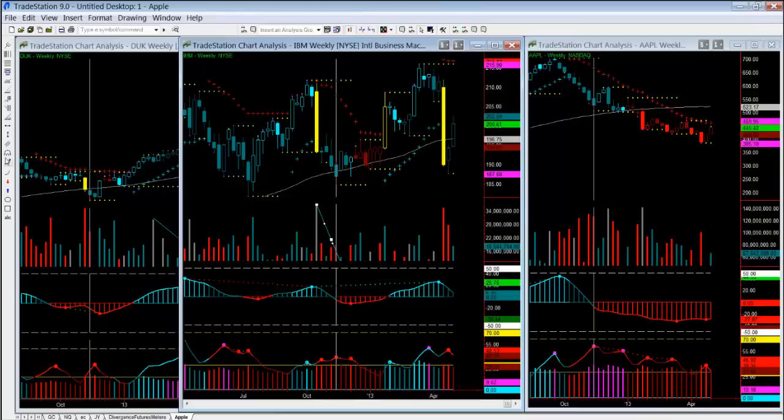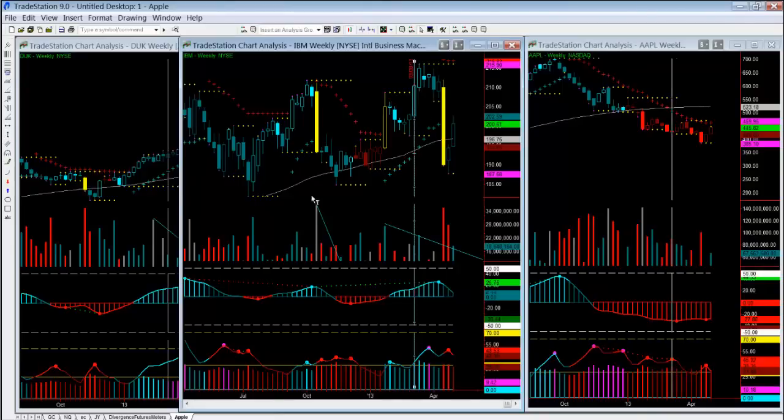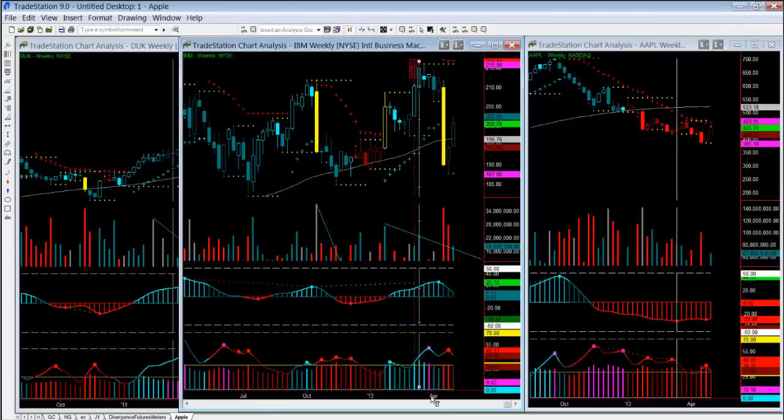What do you see as price goes up and makes new highs? Diverging volume. What is the difference between divergence here and divergence here? The ADX.